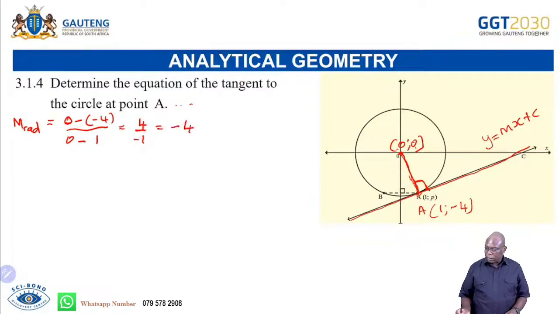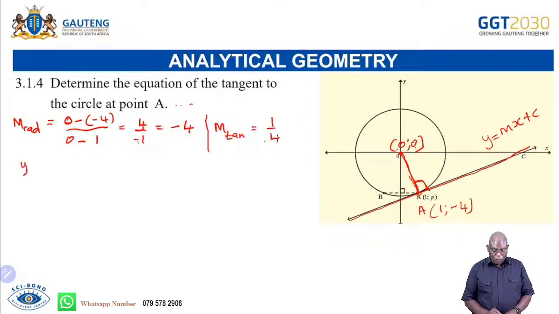Now I need the gradient of the tangent. Remember, the gradient of the tangent will be: I take the -4 over 1, then I turn it upside down, then I change the sign. So if it's 4 over 1, I'll make it 1 over 4. This one was negative, so this one will be positive.